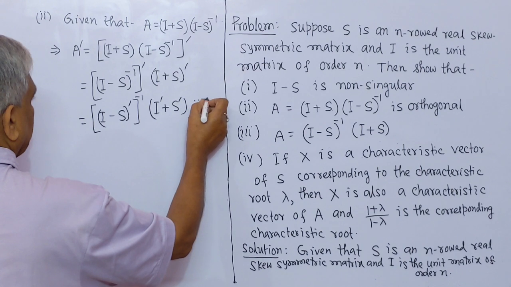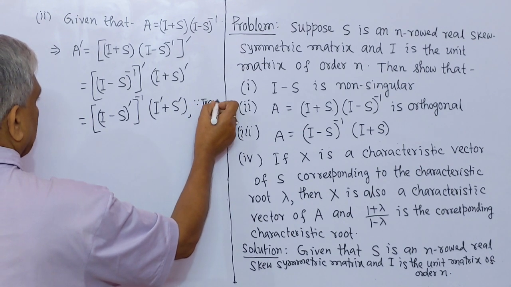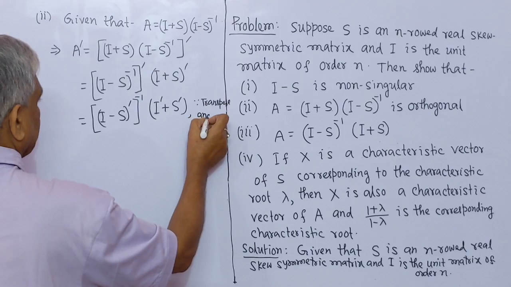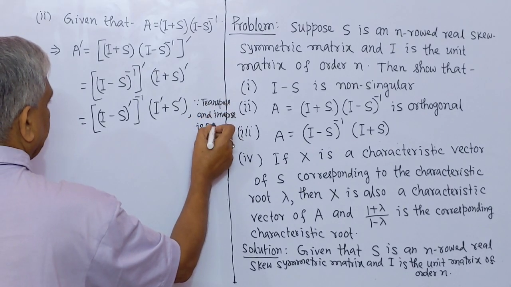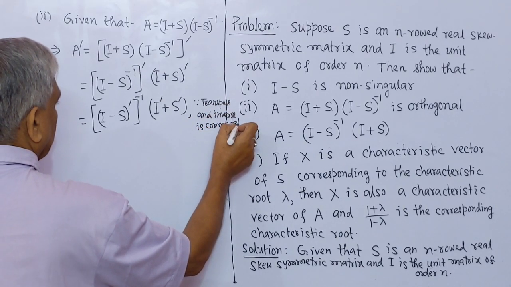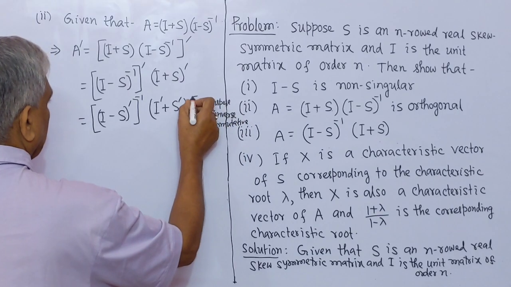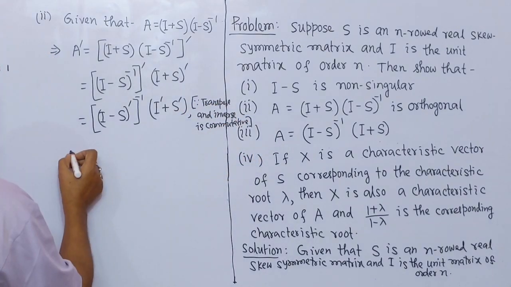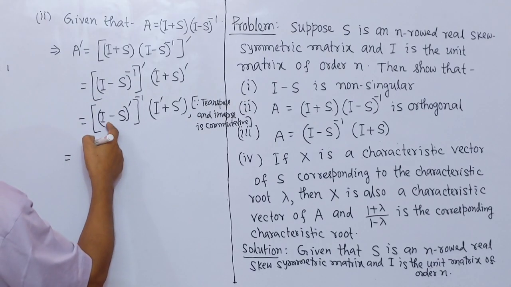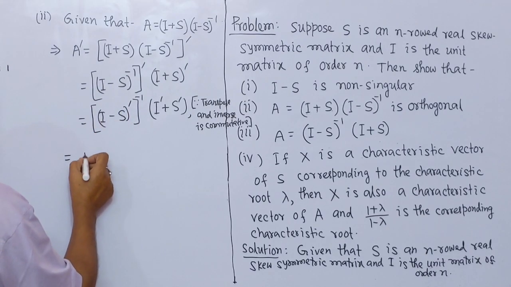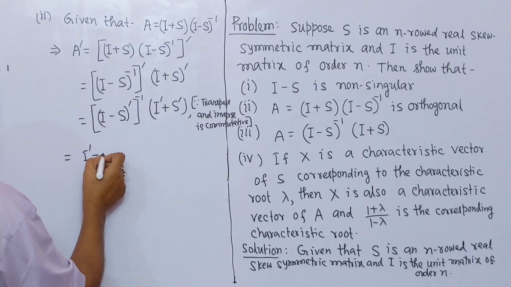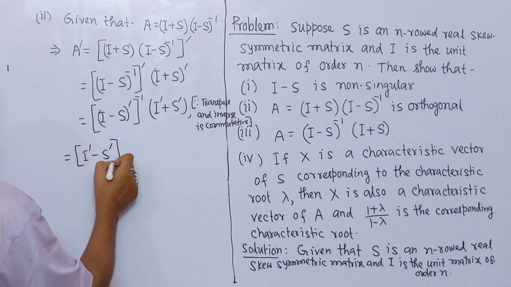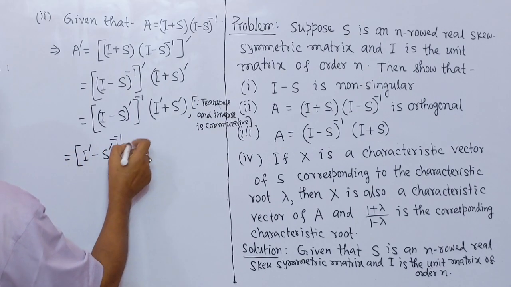Since transpose and inverse are commutative, this equal to transpose of I minus S is I transpose minus S transpose whole inverse.